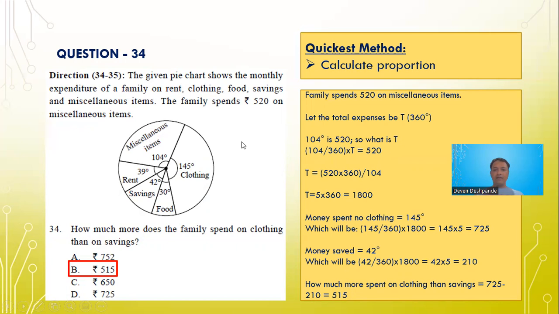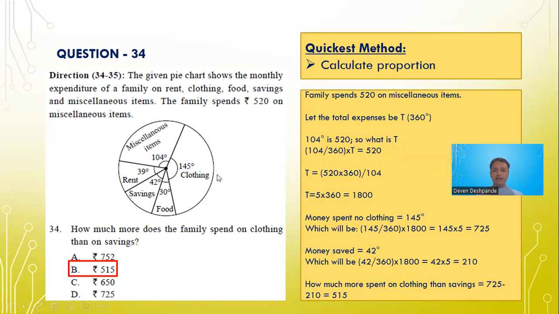So the total will be 520 into 360 upon 104. The total of the whole of these expenses is 104 into 5 is 520, so the total is 5 into 360. 5 into 360 is 1800. So the total of the whole is 1800.